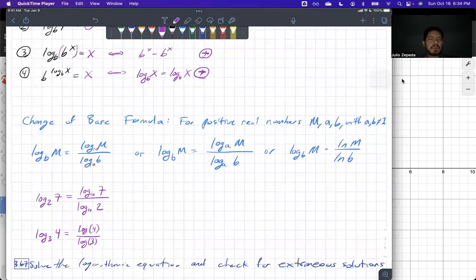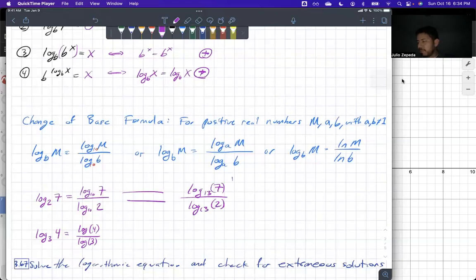Now, this change of base formula has 3 alternatives that are given in the textbook. If you wanted to, you could write this as log base 13 of the argument 7 divided by log base 13 of the original base 2. You can use any base you want. It doesn't have to be base 10. Commonly you want to use base 10 because your calculator will do base 10.